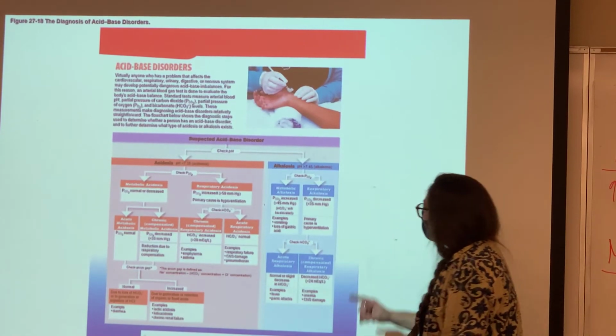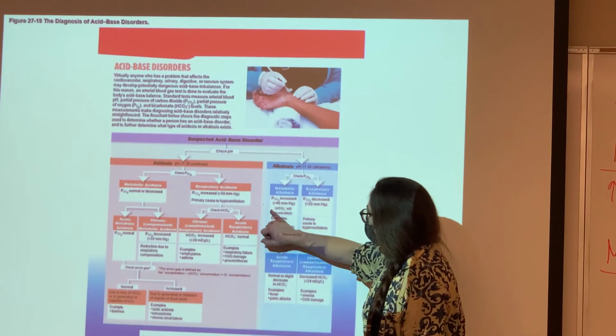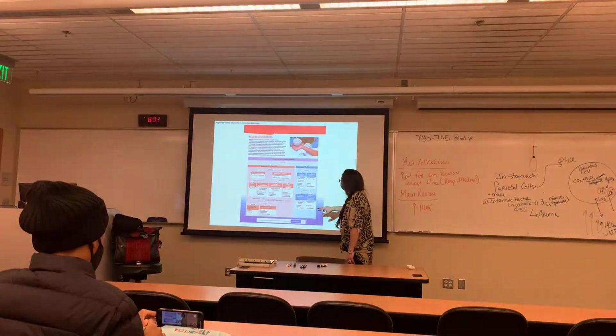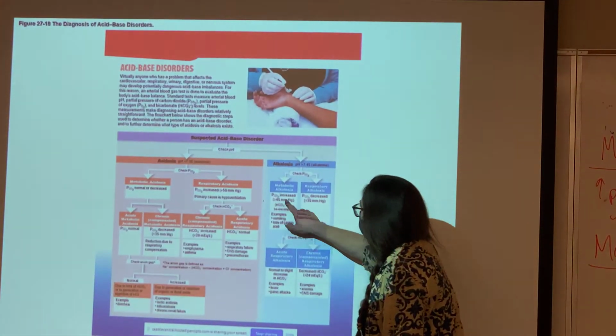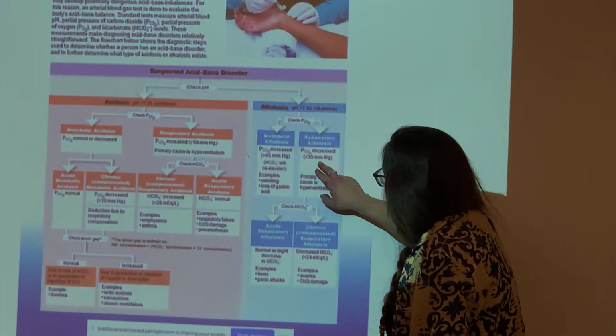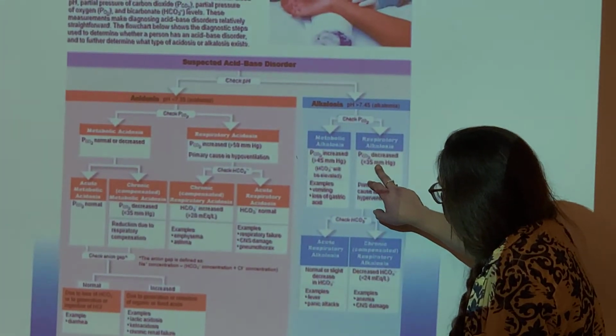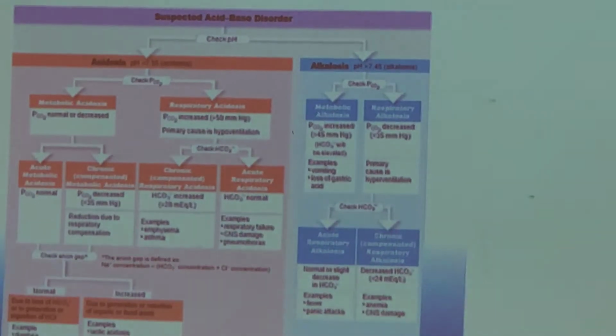The one thing that I keep noticing on here is it says for CO2 levels being too high, that's greater than 45. Here it says greater than 50, there it says greater than 45. And for CO2 levels being too low, it says less than 35. I'm gonna double check those numbers.